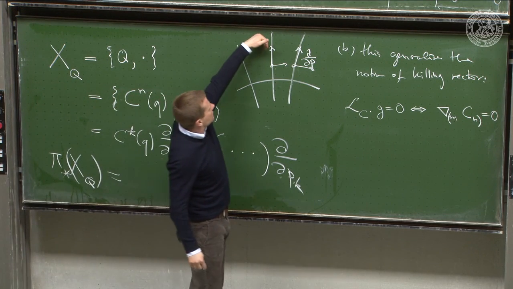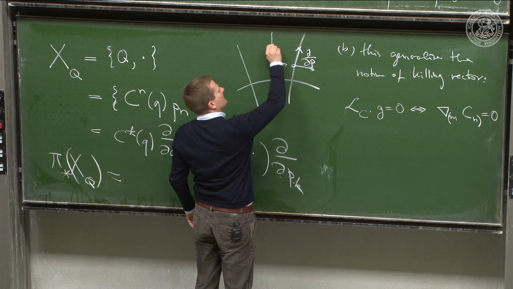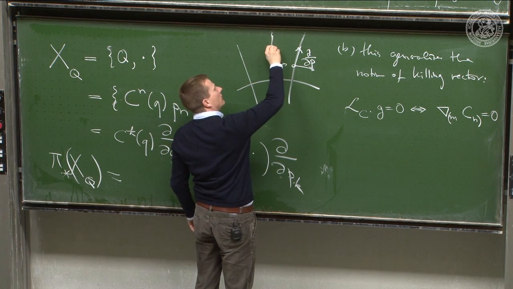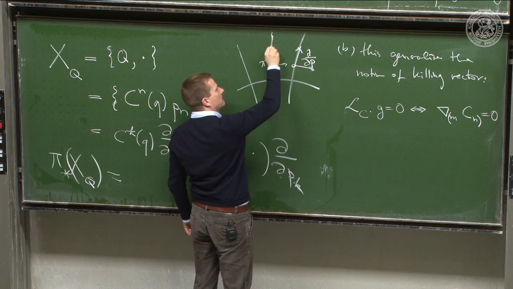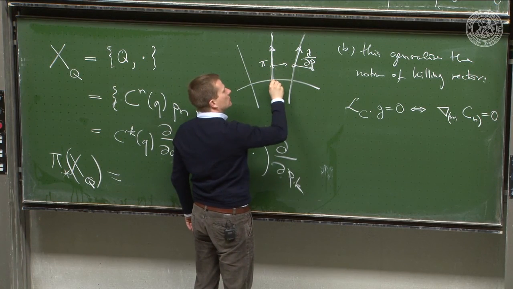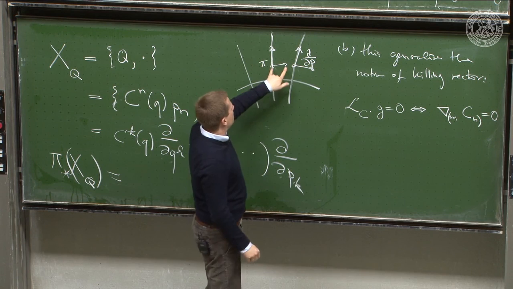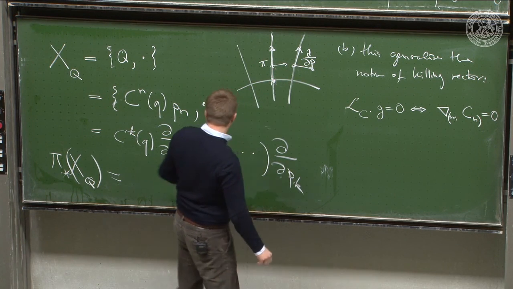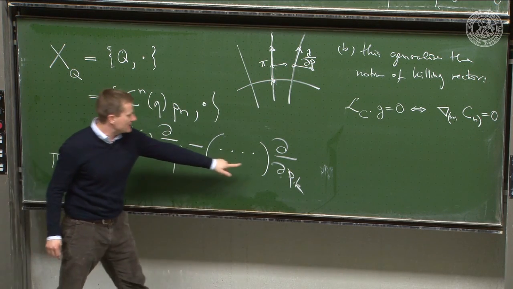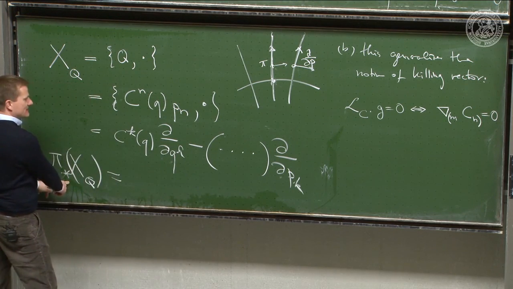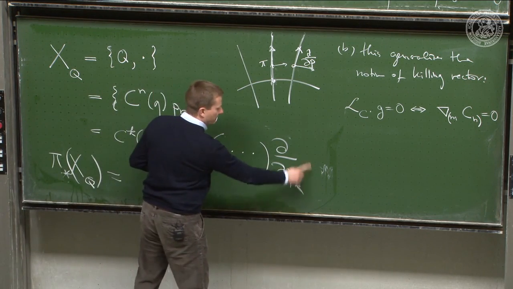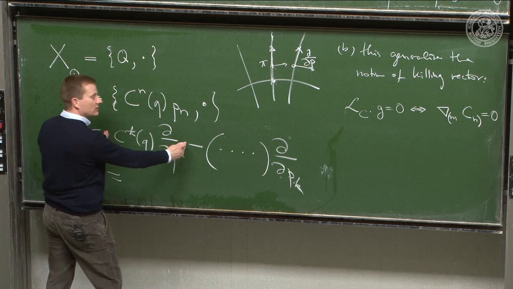So you remember that if this vector here comes up as the tangent to a curve and you push the curve down by the pi, tangent vectors go to tangent vectors, so they become zero. There's no contribution from this extra part here, because the push forward is linear, this here is pushed forward to the zero vector.